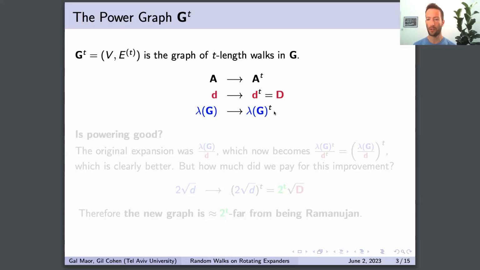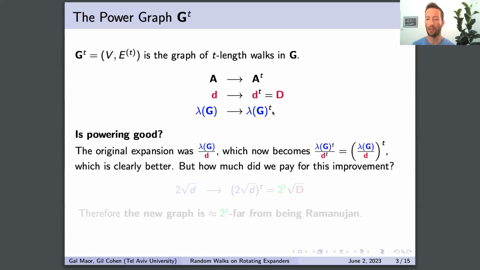And now a natural thing to ask is whether powering is good. Is it a good thing to do? Well, we started with an expansion lambda of G over D. This is a number between 0 and 1. We took it to the Tth power. T is at least 2. Then this is clearly smaller. It is better. But was this improvement worth its cost?